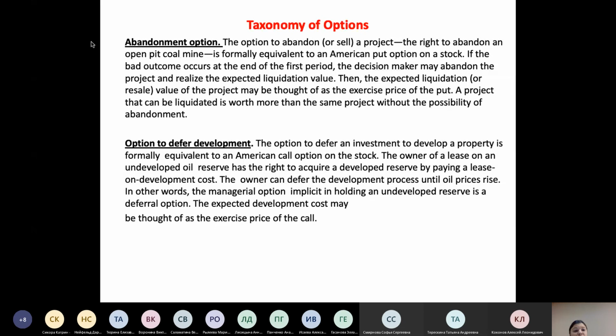In other words, the managerial option implicit in holding an undeveloped reserve is a deferral option. The expected development cost may be thought of as the exercise price of the call.